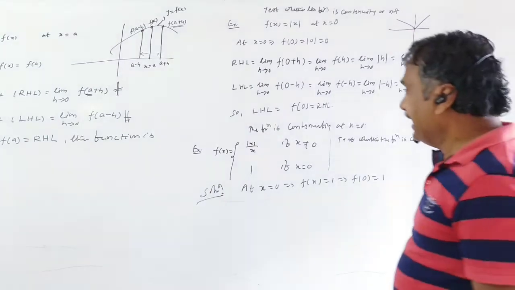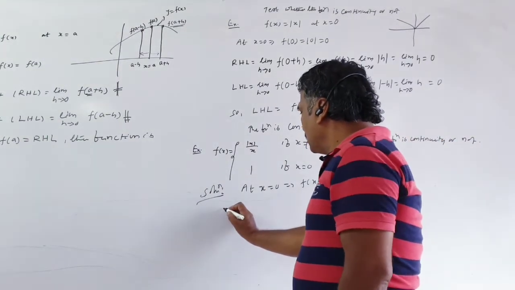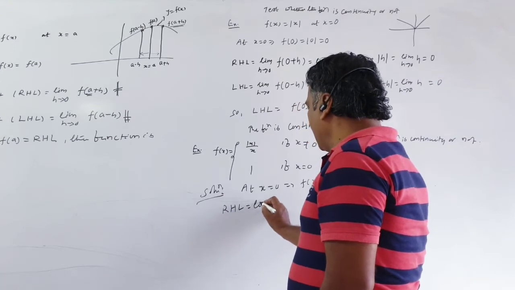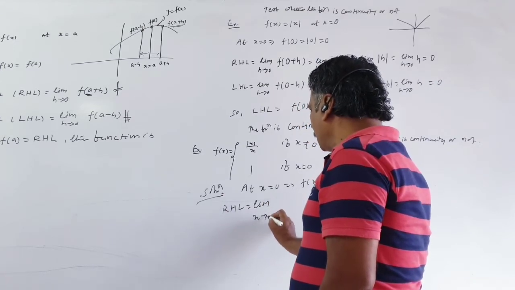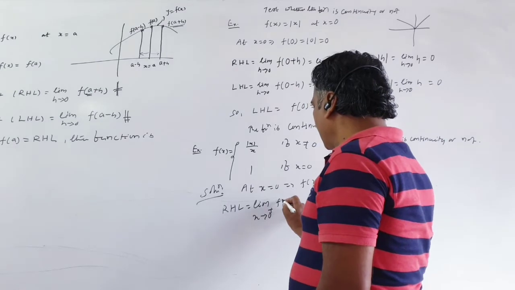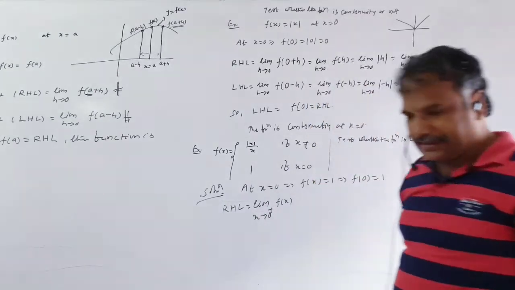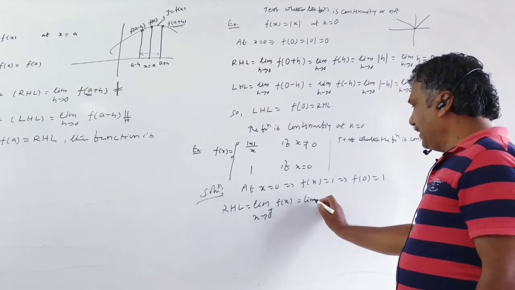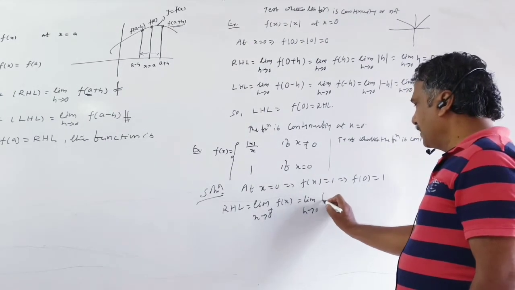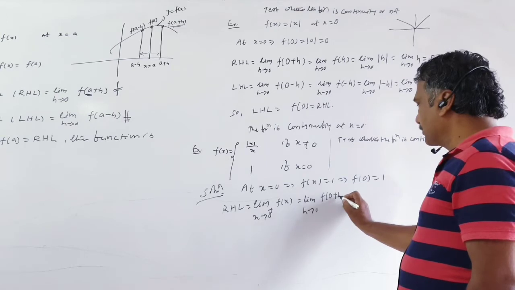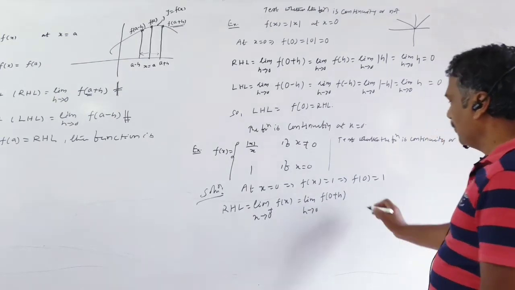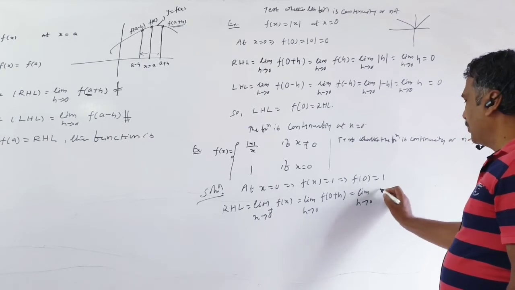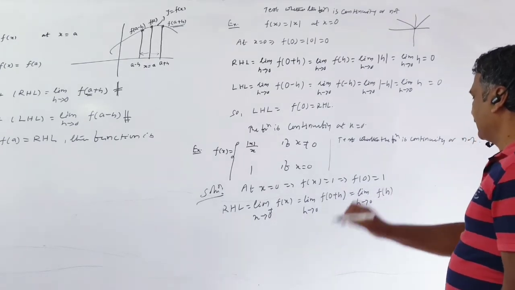Now next one, similarly find out the right hand limit. Limit x tends to 0 plus f of x. Okay. Now limit x tends to 0 f of 0 plus x, or this part is equal to limit x tends to 0 f of x.